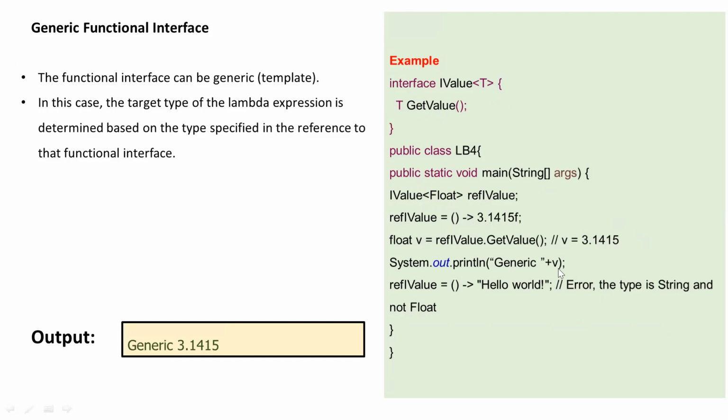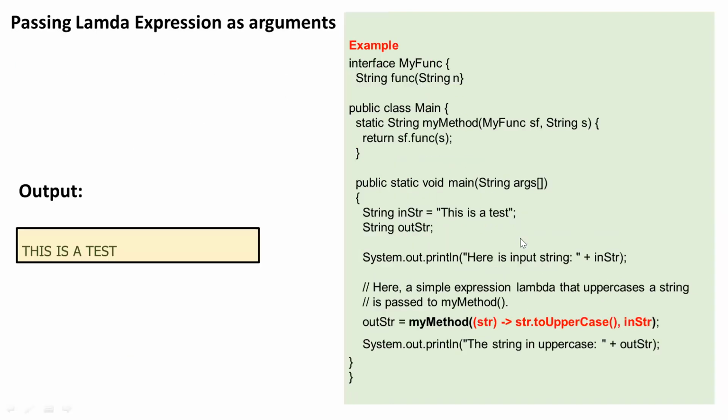Now this V you are going to declare. Instead of this plus V, you can give reflectValue, this lambda expression object, dot getValue. This can be given directly. That is called here as float V. If it is hello world, it will not be printed because only the float data type is called. The String data type cannot be called.